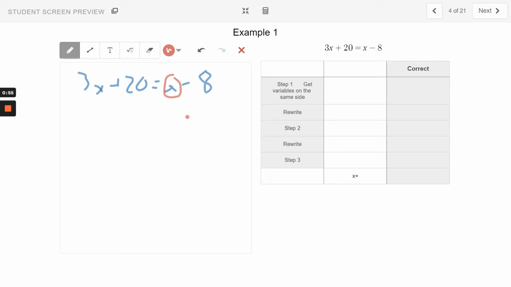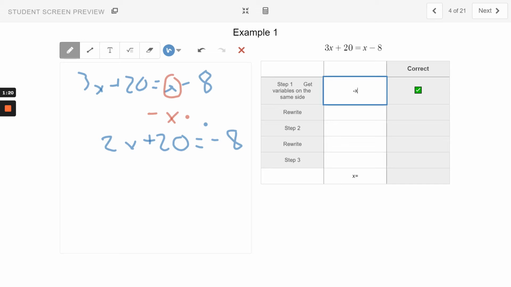We want to move this 1x. We can do that by subtracting x on both sides. So in the first step, we're going to put minus x. We're going to rewrite our equation. 3x minus 1x is 2x plus 20 equals negative 8.